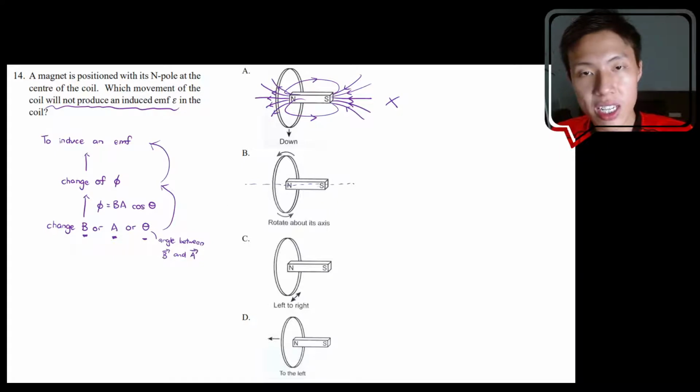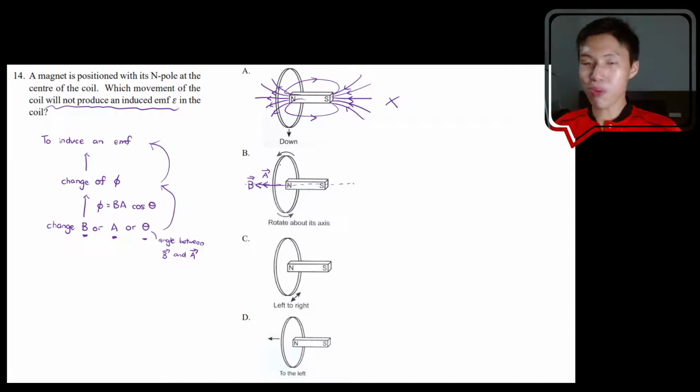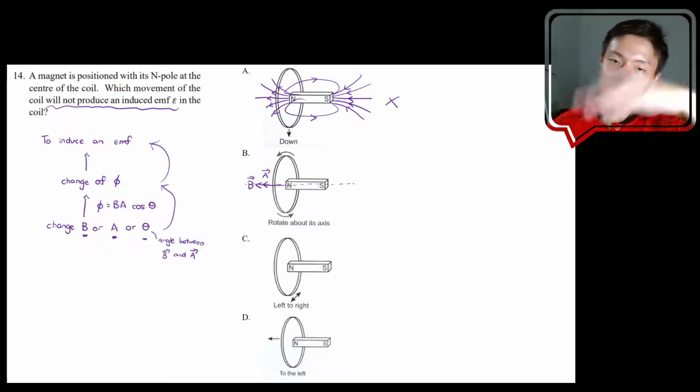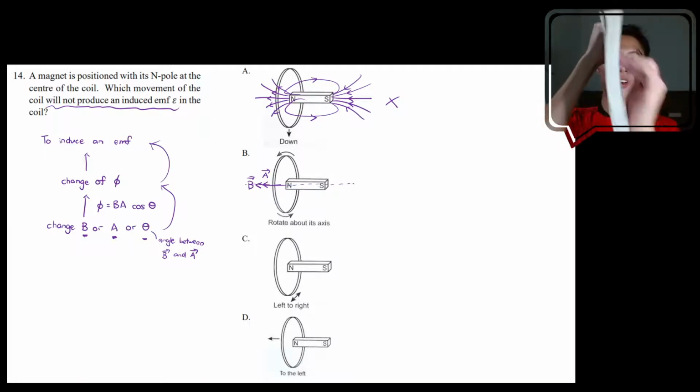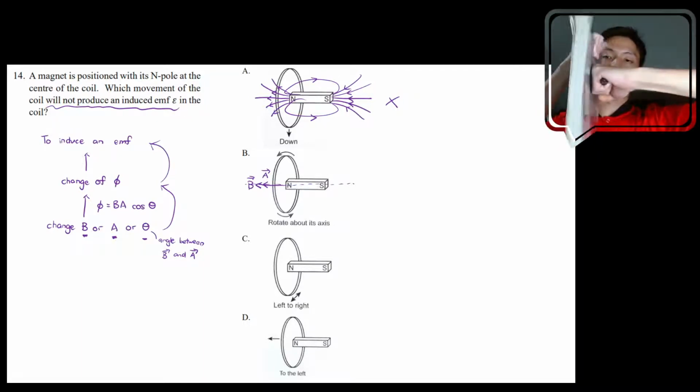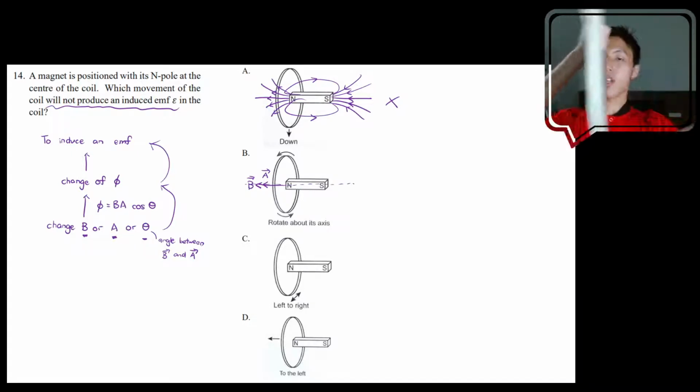In this case, our B is pointing like this, and our A is normal to the coil, perpendicular to the coil, so you can take the direction of A to be pointing here as well. When I say this is a circular coil, you see it slightly slanted. You can think of it like this: this is the circular coil, and this is your bar magnet. My bar magnet is here. That's why my magnetic field line is pointing into the page over here.